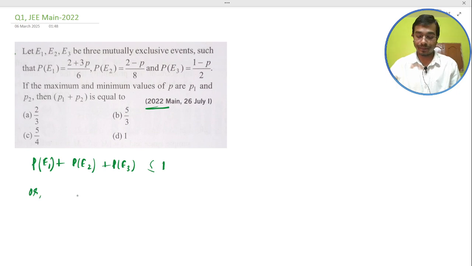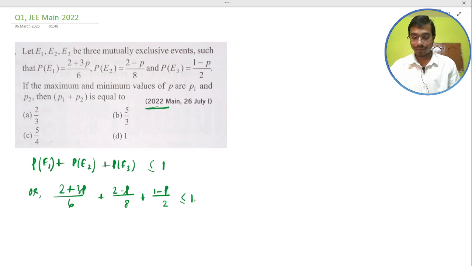Put in the values: (2 plus 3P) by 6, plus (2 minus P) by 8, plus (1 minus P) by 2, less than or equal to 1. This will become 26 minus 5P less than or equal to 24. You would get the value of P greater than or equal to 2 by 3.